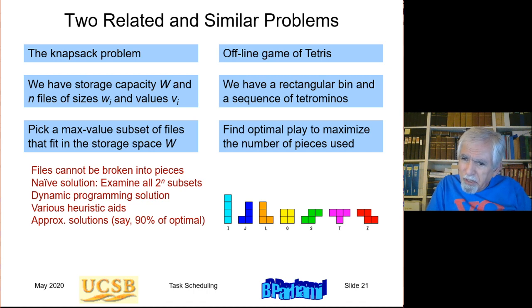There are also approximate solutions that come pretty close, say 90% of optimal. So if the optimal, for example, is to accommodate files of total value 1000 into the space, 90% of 1000 is 900. So if the heuristic allows you to accommodate the value of 900, that's judged to be a good heuristic.